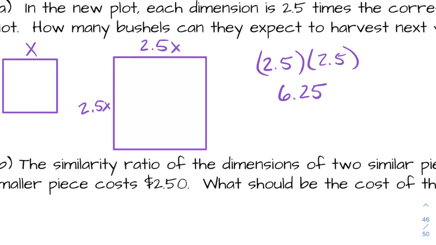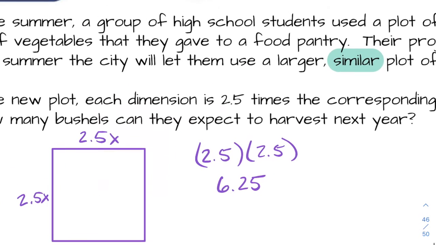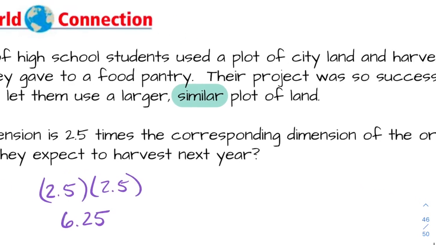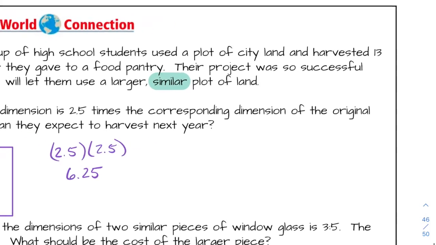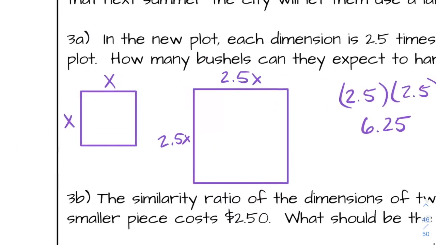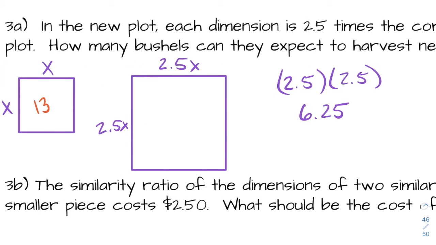So in the original case, this plot of land gave us 13 bushels of vegetables. Regardless of whether it's x and x, or x and y, or x and z, or whatever variables you want to use, you're going to expand both directions by 2.5, making it 2.5 times 2.5, which is 6.25.